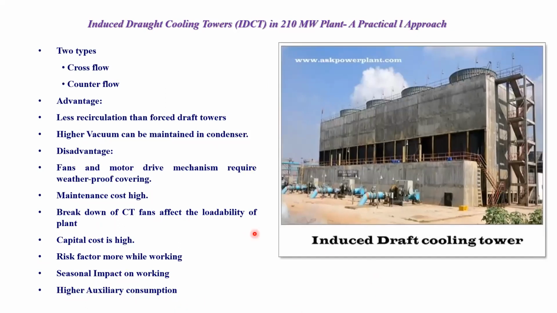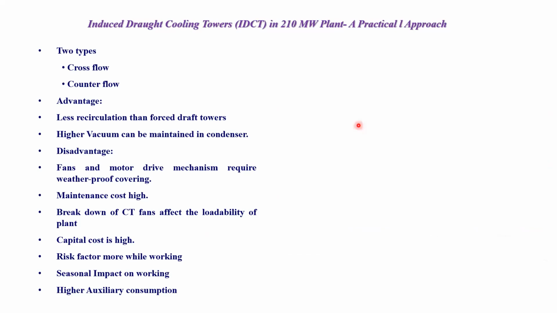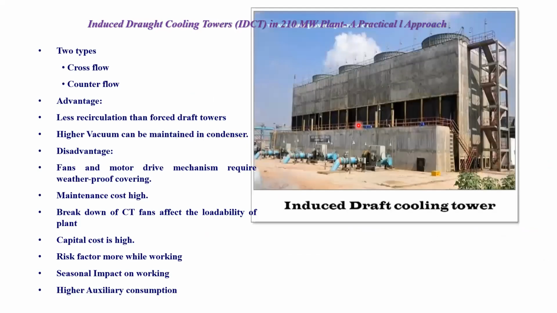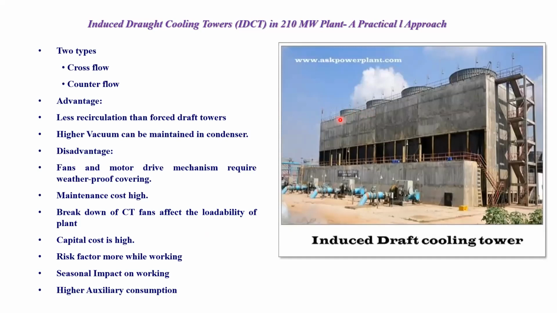The actual scene is like this. Here you can see 4 plus 6, so 10 cells comprise one total cooling tower system. So there are 10 mini cooling towers, each having, as just shown in the earlier case, the fills and eliminators, so that the water falls down.